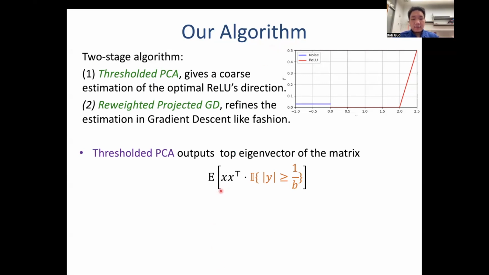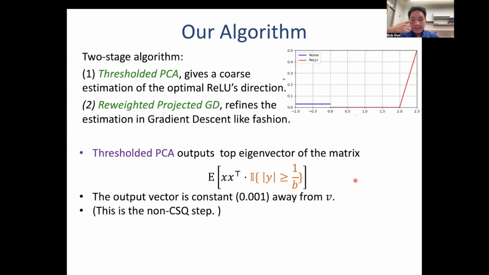This is just the covariance matrix, but conditioned on the fact that Y is large enough. This is in an effort to filter out the noise that is very close to zero, as in the bad example we had. The output vector of this algorithm is a constant distance away from the target direction V. And by constant, we can make it arbitrarily small, like 0.001.